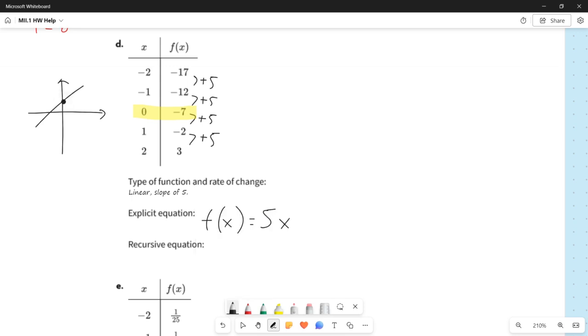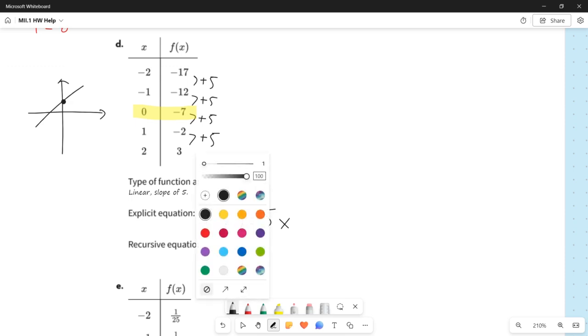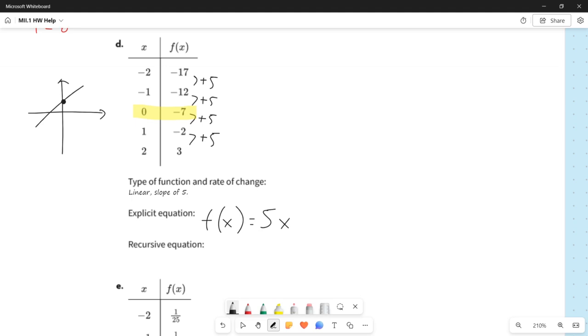Bam, you're right there. So the fact that they're telling us that when you plug in a 0, you get a -7 is great, because that tells us that our y-intercept is in fact -7, and we don't have to do any algebra at all. So that's our explicit equation.